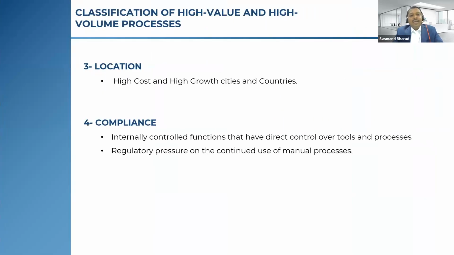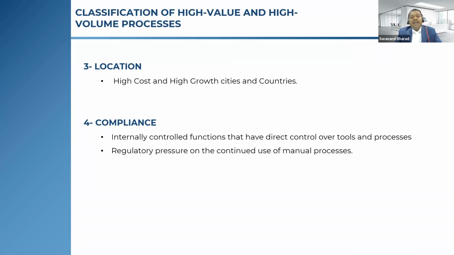Now we will cover the location point, where we will target high cost and high growth cities and countries. When I say high growth cities and high growth countries, for example, if we have business in multiple countries and multiple cities, it does not mean that we are getting more financial benefit from each and every country.